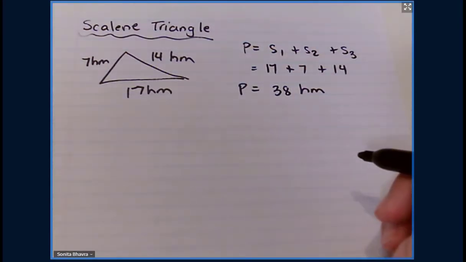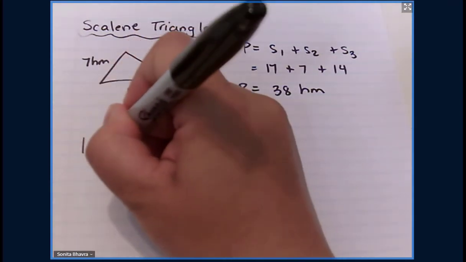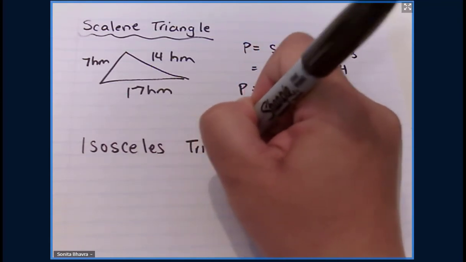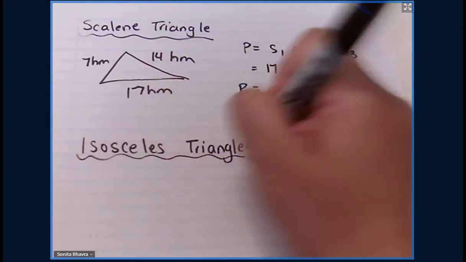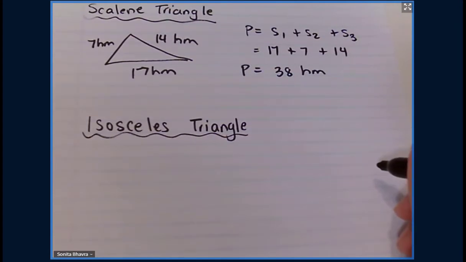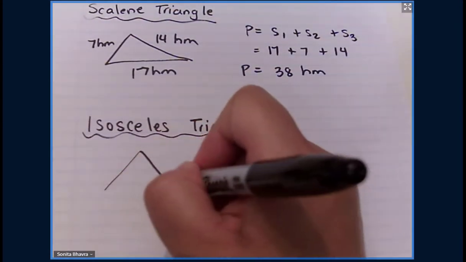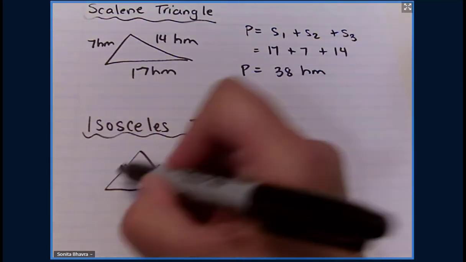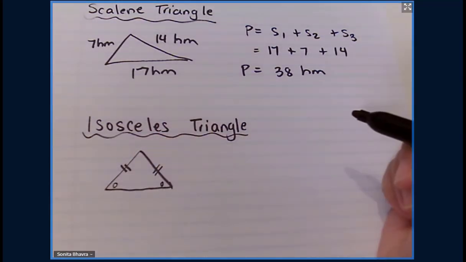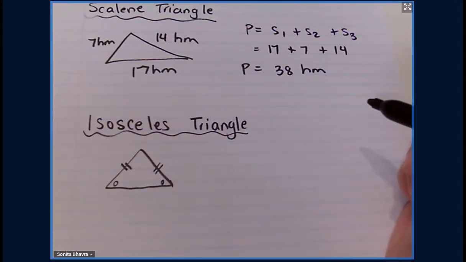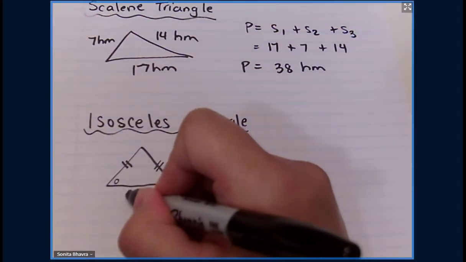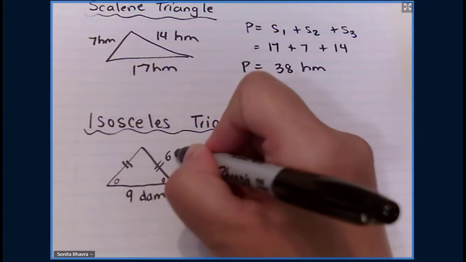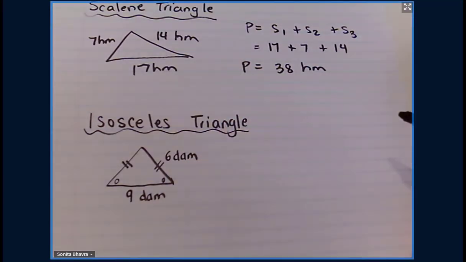The next type of triangle is an isosceles triangle. And this is the type of triangle that has 2 equal sides. Okay, and usually that will be represented like this, showing that those two sides are the same and these two angles are the same. All right, and let's say our measurements are 9 decameters and then 6 decameters there.